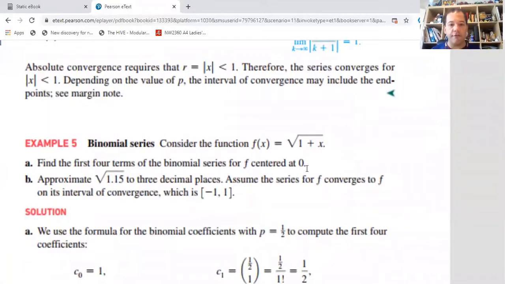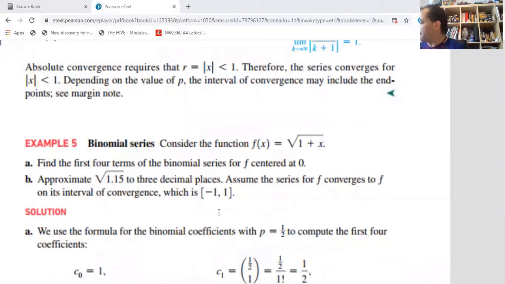It says, consider the function f of x equals the square root of 1 plus x. Find the first 4 terms of the binomial series for f centered at 0, and then approximate the square root of 1.15 to 3 decimal places. Assume the series for f converges to f on its interval of convergence, which is -1 to 1. So here they're telling us a bit more of the information that we had, which is fine.